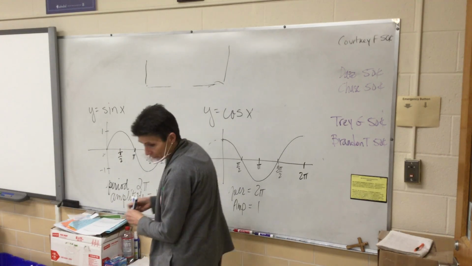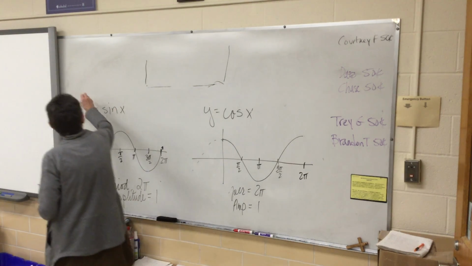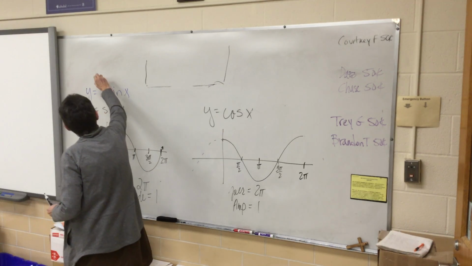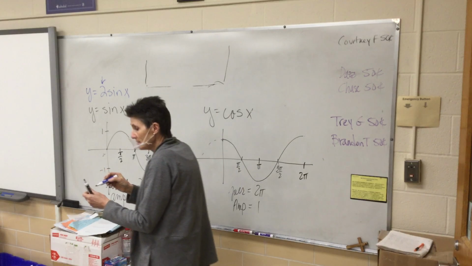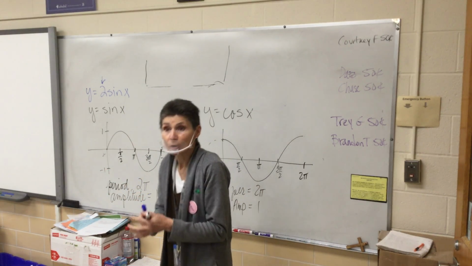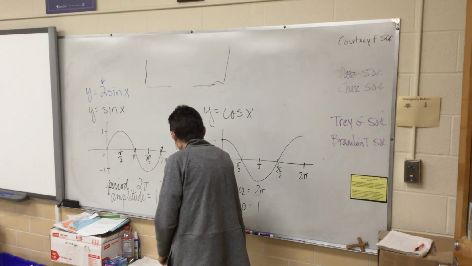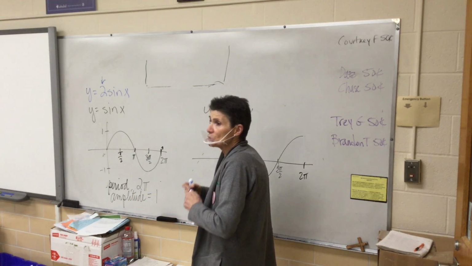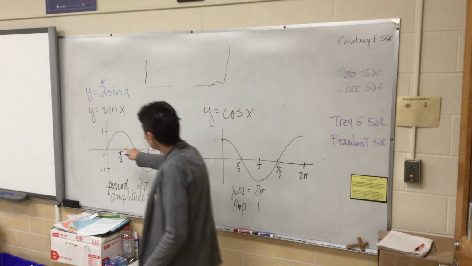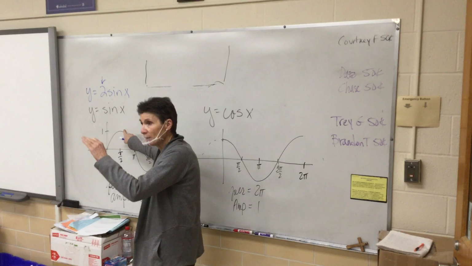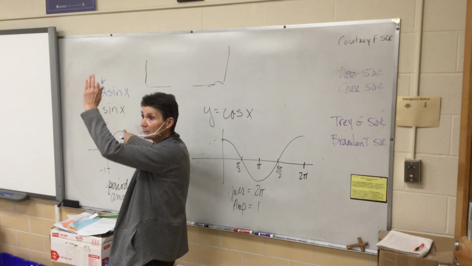And now I'm going to graph 2 sine. Anybody remember what a number out in front of the function does? Multiplies the y. Yay, good job. So in other words, instead of the hills going up one, now they're going to go up 2.